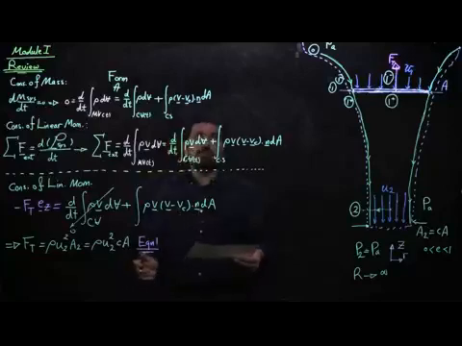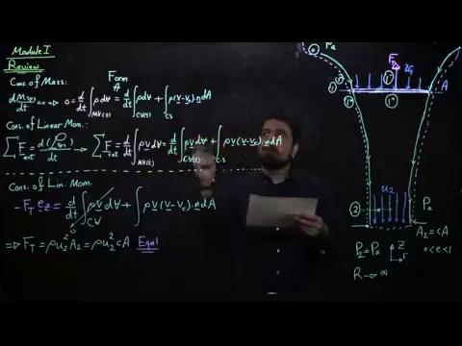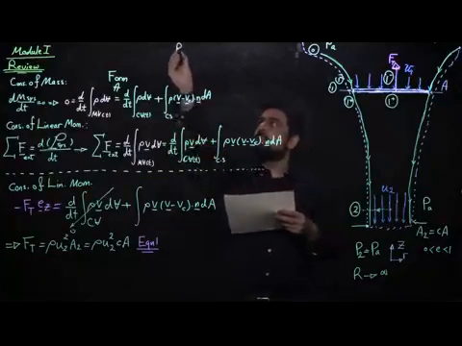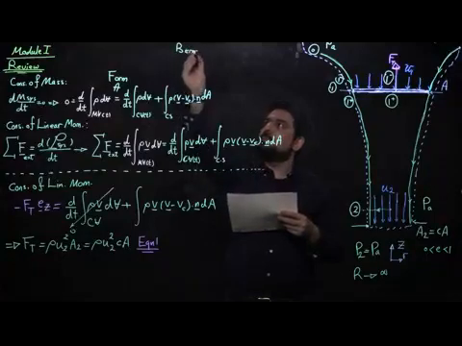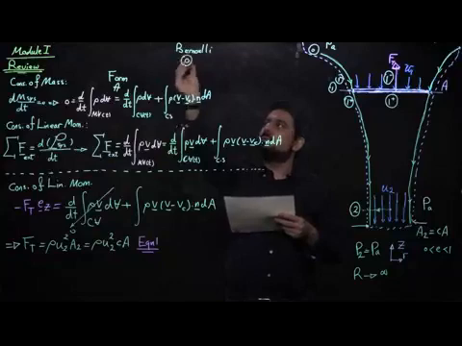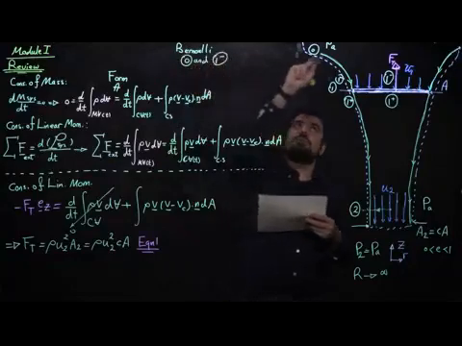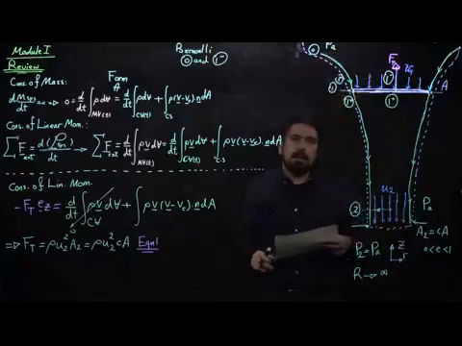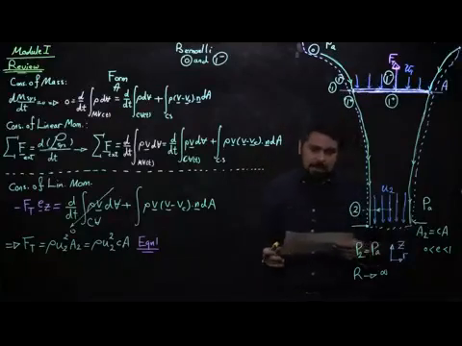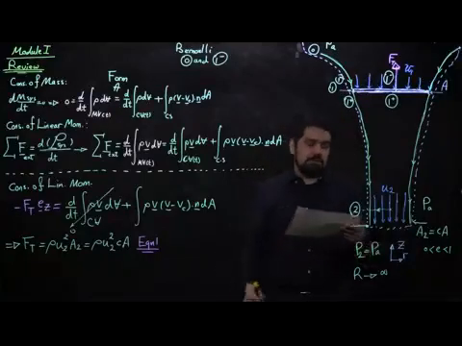So if I use Bernoulli between 0 and 1 minus, so this point and this point. At 0, velocity is 0. At 1 minus, I have a velocity which is u1.